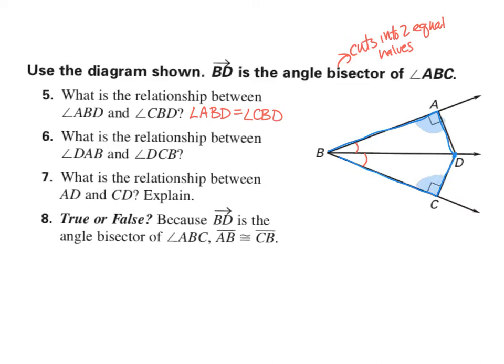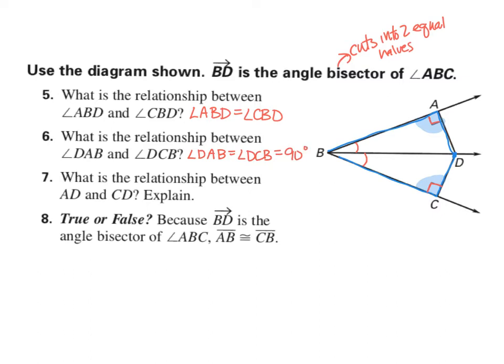Both of those are marked with this little square, and this little square clues us in that they are both 90 degrees. So we know that angle DAB equals angle DCB, and they both equal 90 degrees.